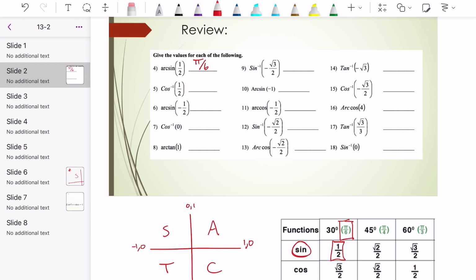Let's go ahead and take a look at example 9. Now we're looking at the inverse sine, which is the same as arcsine, but of a negative number. Whenever that occurs, you know that you're going to be keeping that negative number.